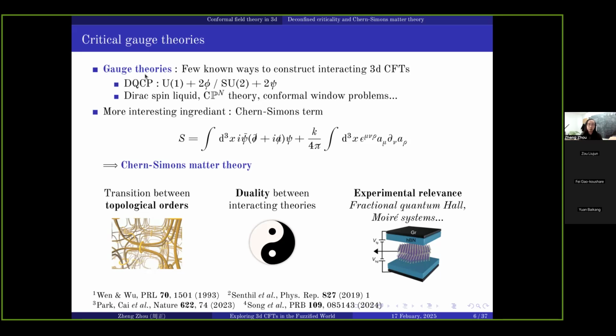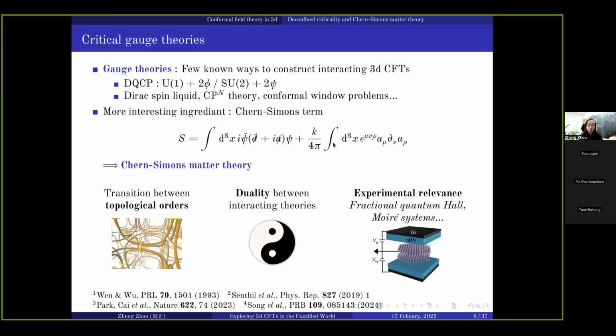So gauge theories are among the few known ways to construct interacting 3D CFTs. It also gives rise to many interesting problems. For example, condensed matter people are interested in the nature of Dirac spin liquids or the nature of the CP^N theory. In high energy, there is also the significant problem of the conformal window of gauge theories.